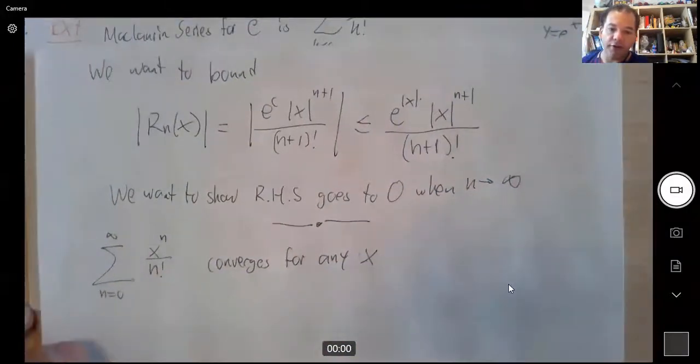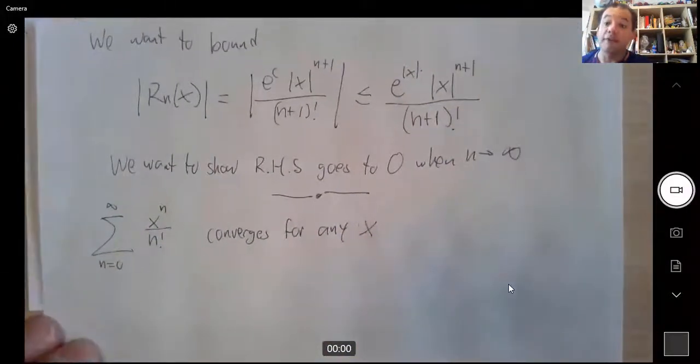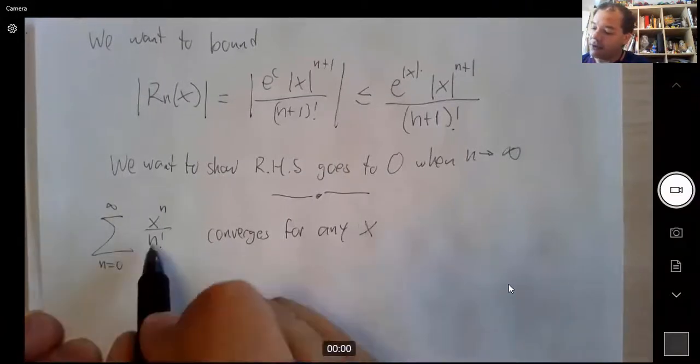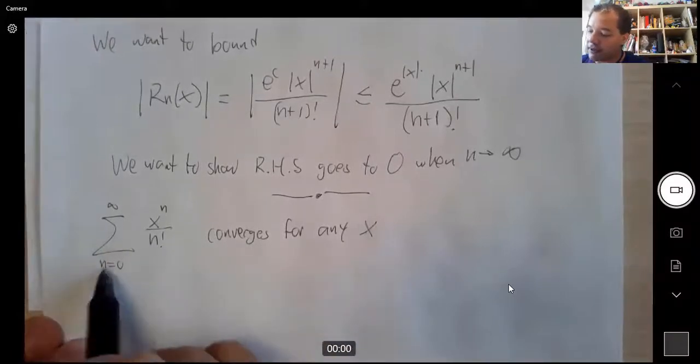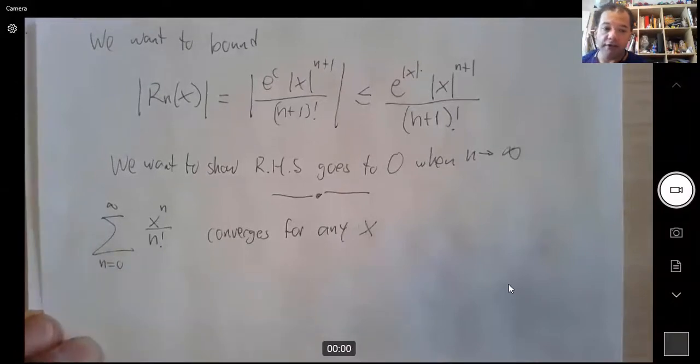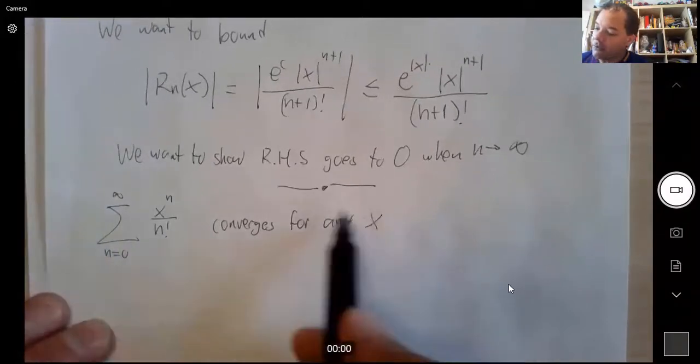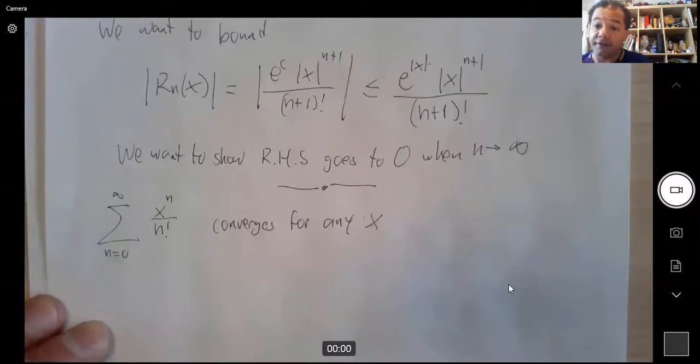We saw that the radius of convergence for this one was infinity. Convergence for any x. Notice that I'm using n instead of k. That's on purpose. I changed this letter n for a reason. Here's the reason. I want to use now the divergence test.